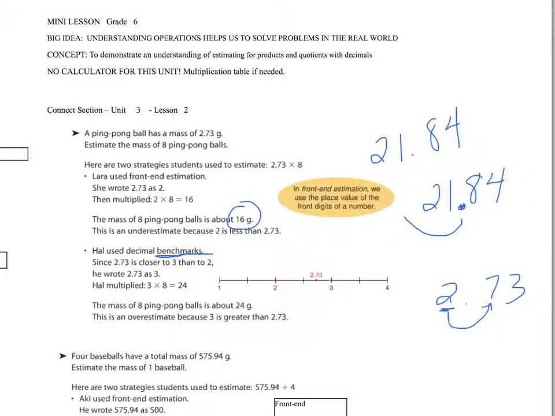Remember, our rounding rule is we look right next door, which is the 7. If it's 4 or less, we just ignore. If it's 5 or more, we add one more. So we're going to have to add one more, which means it's going to become 3. And remember, everything after it becomes 0, so it just is 3. 3 times 8 then is 24, which again is very close to 21.